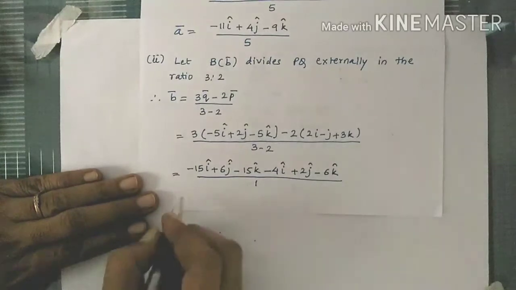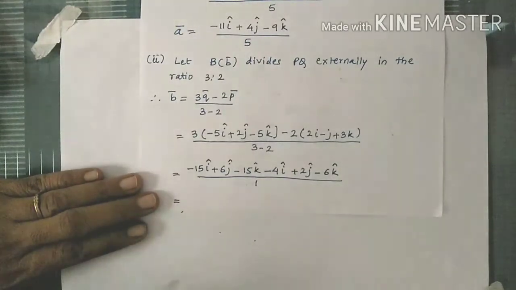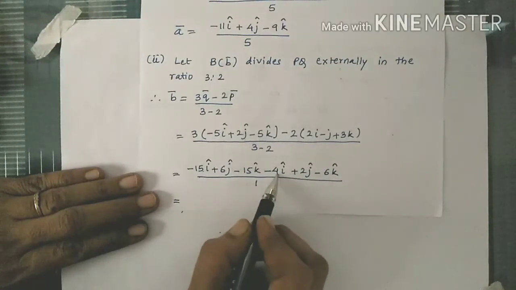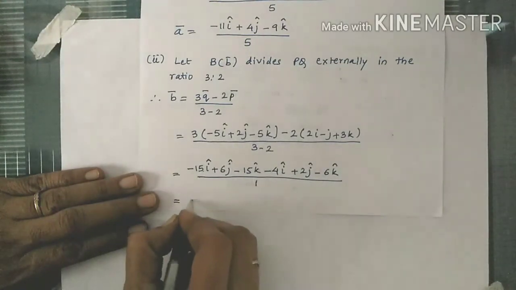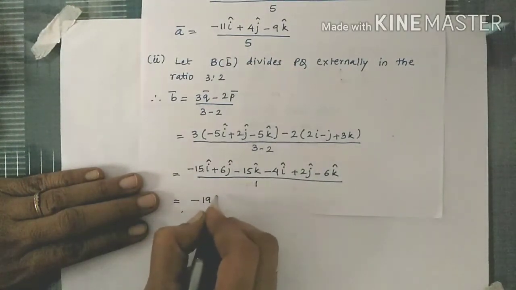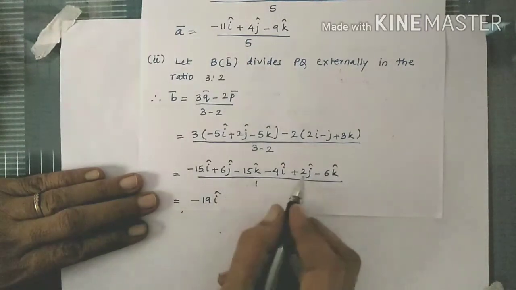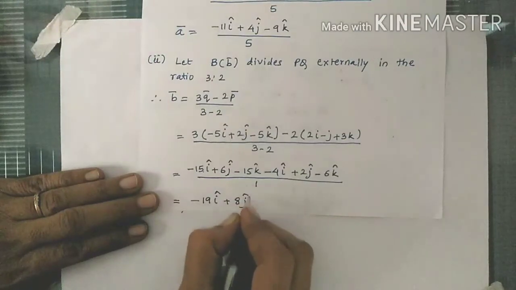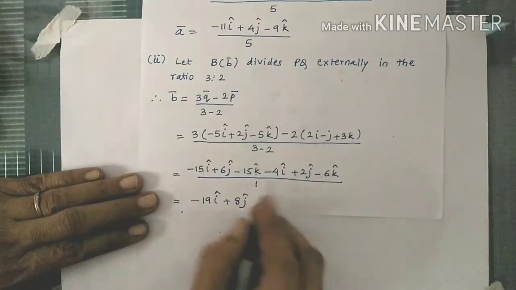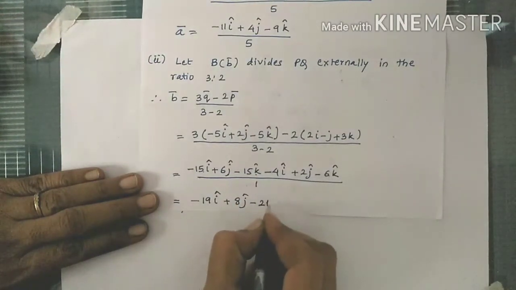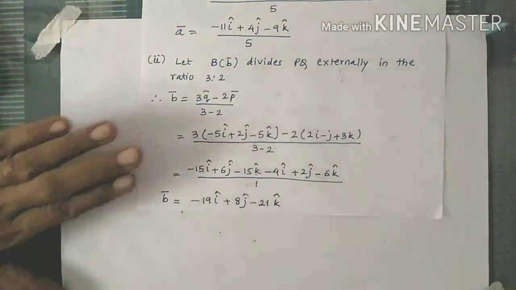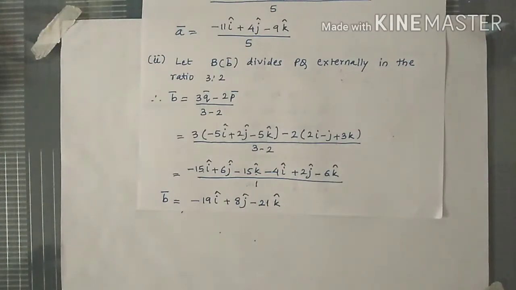So in the next step, let's write only the numerator as the denominator is 1. So minus 15i minus 4i gives us minus 19i cap, 6j plus 2j is 8j cap, and minus 15 minus 6 becomes minus 21k cap. So this is the position vector of point B.